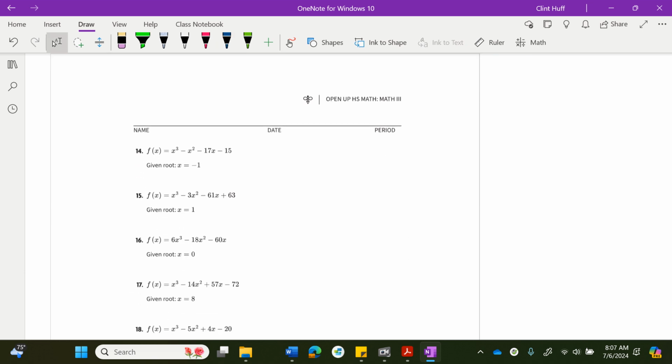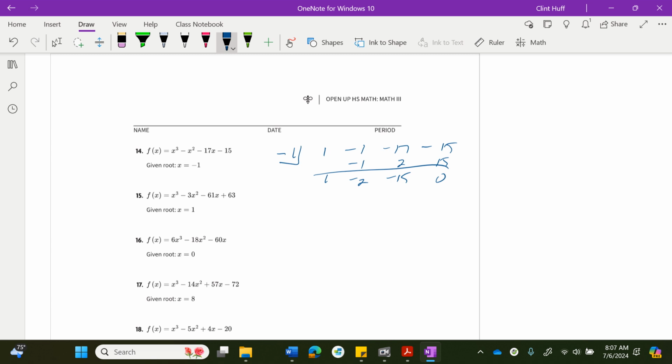All right, now this is sort of review from previous sections, so this is going to be a lot of synthetic division. If I take the number negative 1, the root, and then the coefficients from the polynomial, 1, -1, -17, and -15, and do a synthetic division, I get 1, -2, -15, and 0.